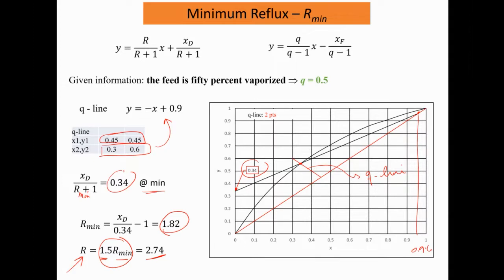For example, if you draw this line here correctly and you have the intersection point here, and you draw the Q line also in the right position here, you will get 2 points.